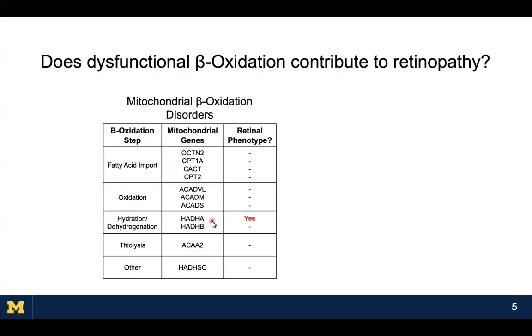However, we've heard a little bit about this mutation specifically that leads to LCHAD deficiency in this seminar series from Dr. Melanie Gillingham at OHSU. But she's pretty confident that it's not the loss of beta oxidation specifically that leads to RPE atrophy, but rather a buildup of fatty acid intermediates that are highly oxidizable and end up disrupting membranes and increasing ROS production that actually leads to RPE atrophy.